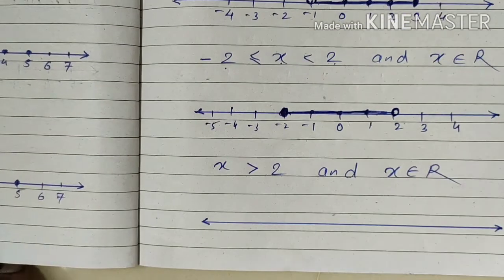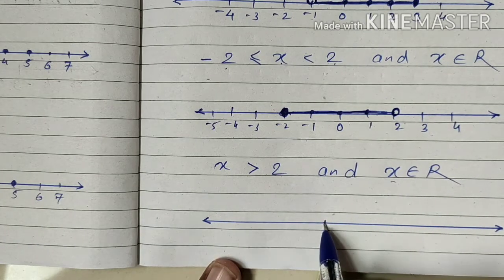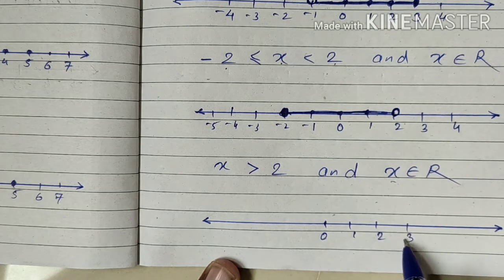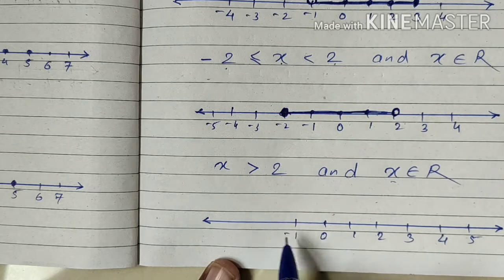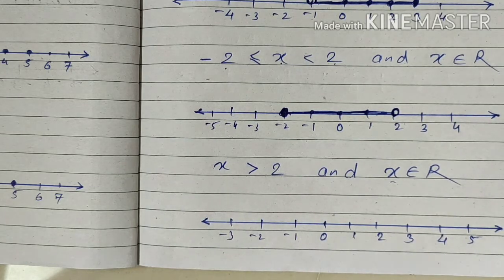The last one. X is a real number. 0, 1, 2, 3, 4, 5, minus 1, minus 2, minus 3. X belongs to the real numbers and X is greater than 2.